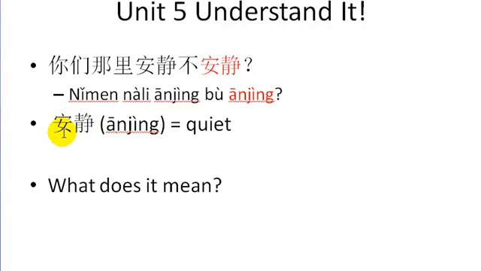And then inside the home is a woman or a wife or a mother, symbolizing a home with a mother, and that's a peaceful concept. And so 安 means peaceful. 安静. So Wang Peng is very concerned, and so he asks, 你们那里安静不安静?